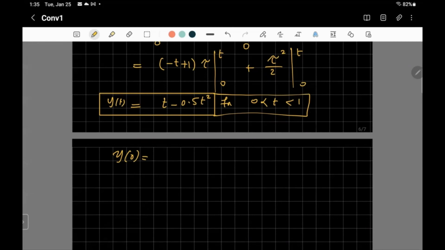Yes. 0 minus 0, 0. What about y of 1? 1 minus 0.5 times 1 squared. I'm substituting into this expression: 1 minus 0.5 will be equal to 0.5. Keep this in your mind. I will just put it in a box: y of 1 is equal to 0.5. That's important.